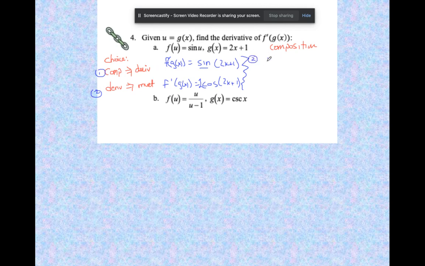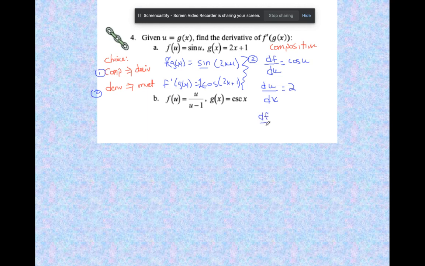Second way, take the derivative of the given f with respect to the variable you see. Take the derivative of g, which is called u, with respect to the variable you see.